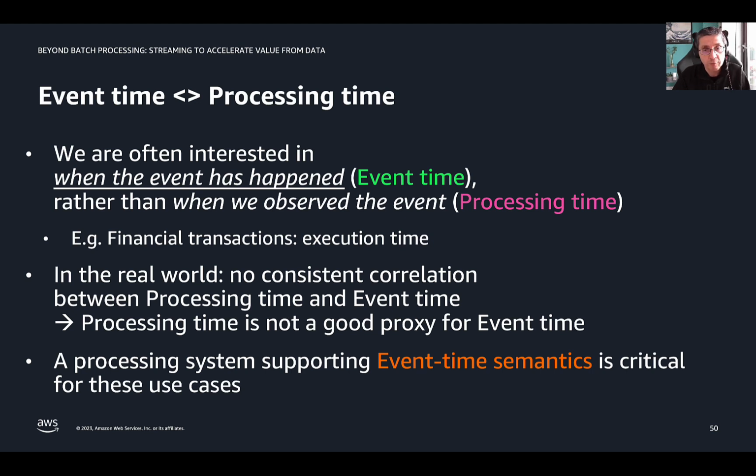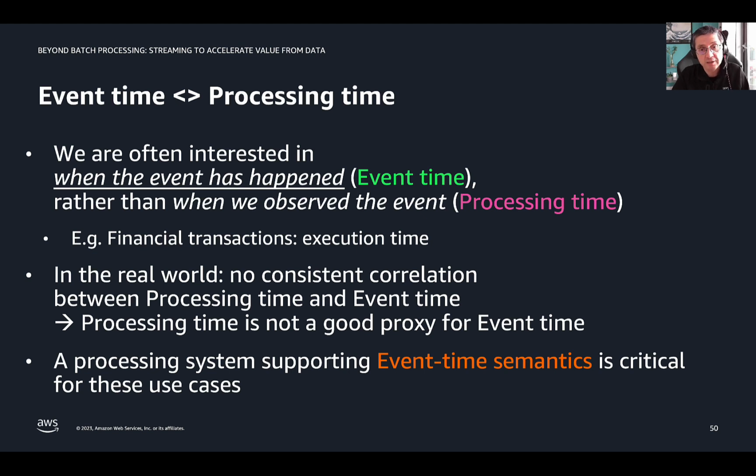But we saw in the real world there is no fixed correlation between processing time and event time. It means that we can't use processing time as a proxy for event time. And we cannot use processing time as a way of representing in any way event time safely.